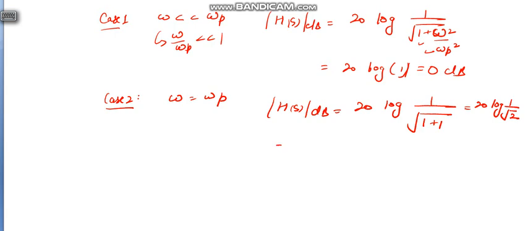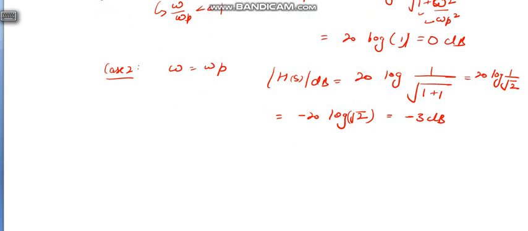So this will equal minus 20 log square root of 2, and it will come to minus 3 dB. So at omega equals omega p, our magnitude is minus 3 dB.